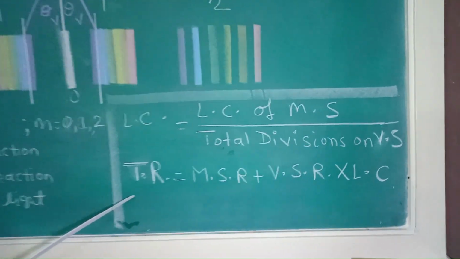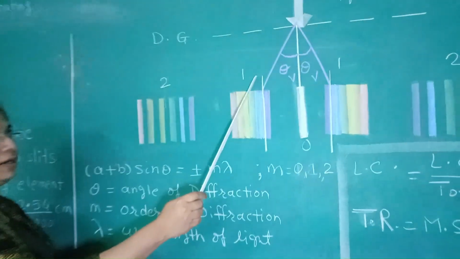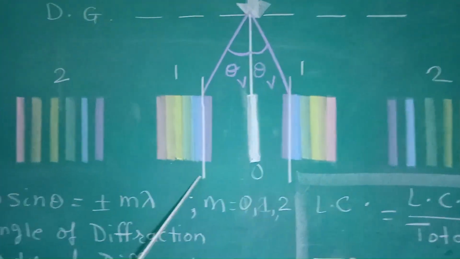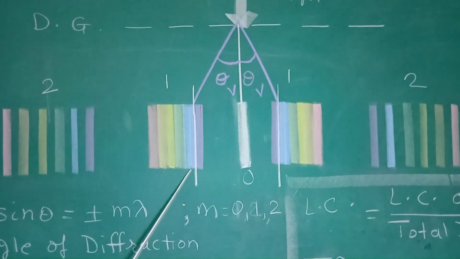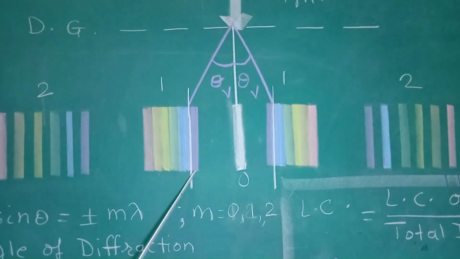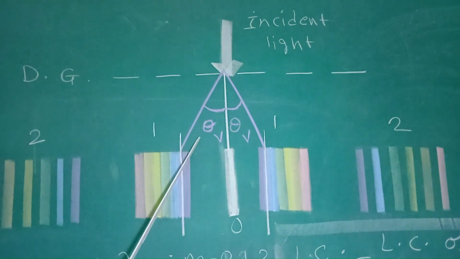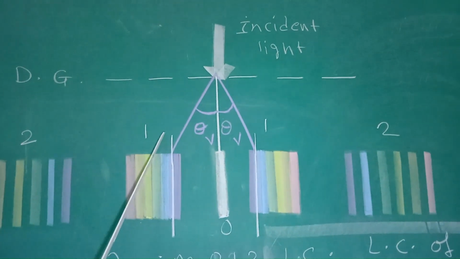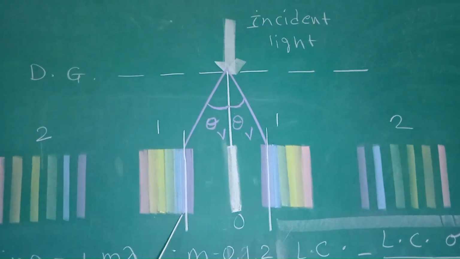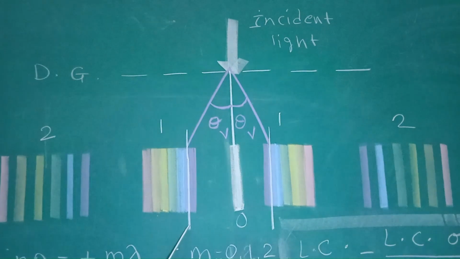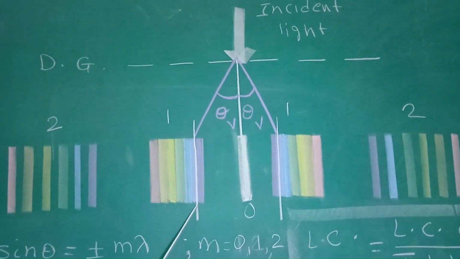That will be your total reading. While finding the reading with the help of the spectrometer, you have to arrange the vertical crosswire of the telescope tangential to the outer edge of a particular spectral line. Here we are finding the angle of diffraction for violet color, so the vertical crosswire should be tangential to the outer edge of the violet color.